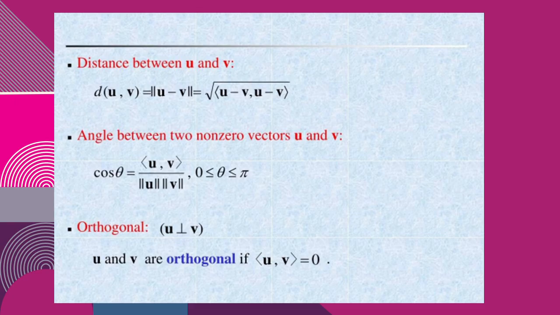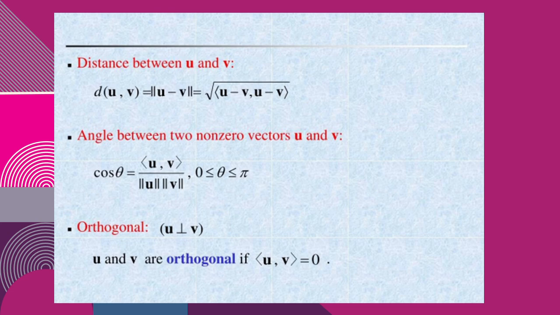Using the general inner product, we can also define distance, angle, and orthogonality. Just like we did with the regular dot product, the distance between u and v is the square root of the inner product of u minus v with itself. The angle between two non-zero vectors u and v can be found using the cosine formula.